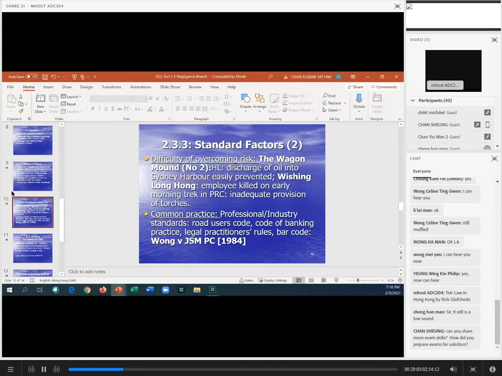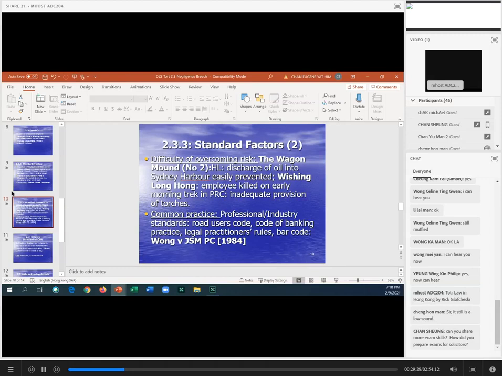How does the court decide what the requisite standard of care is for professionals? Well, you've got various codes like the Road Users Code for car drivers. You've got the Code of Banking Practice for bankers. You've got legal practitioner rules for solicitors, and you've got the bar code for barristers. Okay, but of course that's not always conclusive.